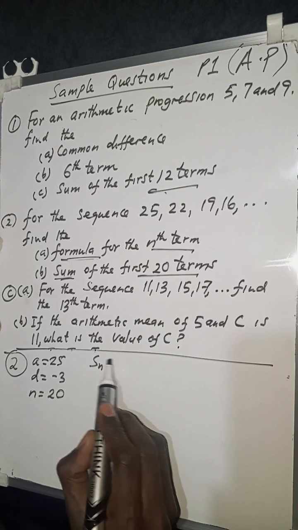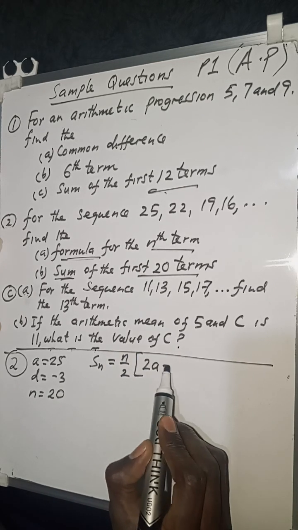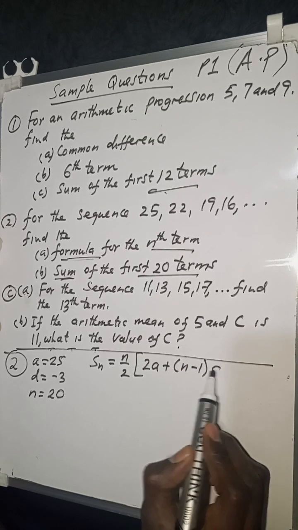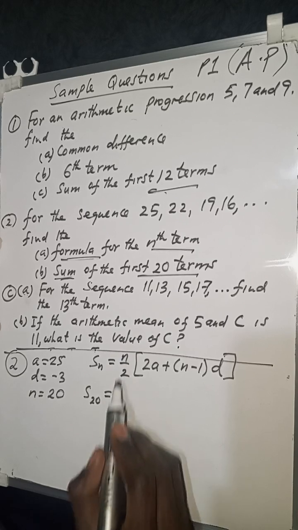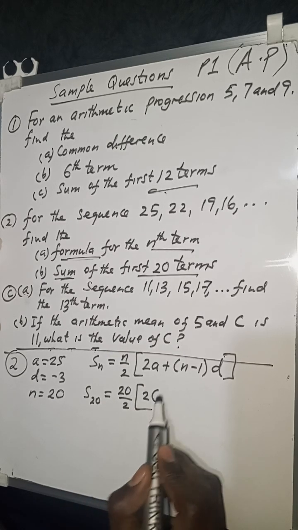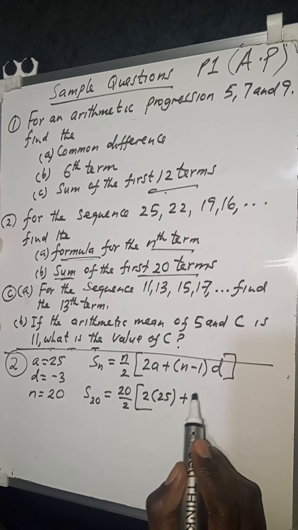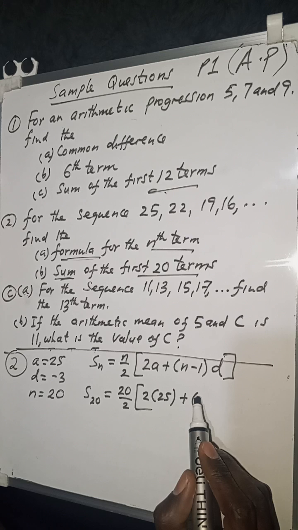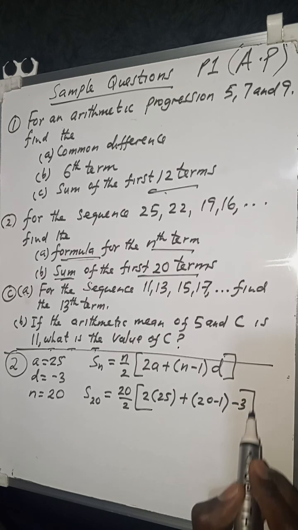So remember the formula, Sn is equal to n over 2, then 2a plus n minus 1 multiplied by the common difference. So S20 will be equal to 20 over 2, and that will be 2 multiplied by the first term, which is 25, plus 20 minus 1 multiplied by the common difference, negative 3.